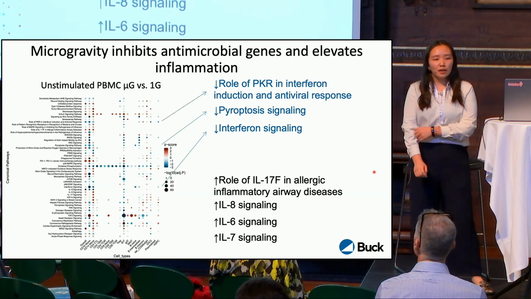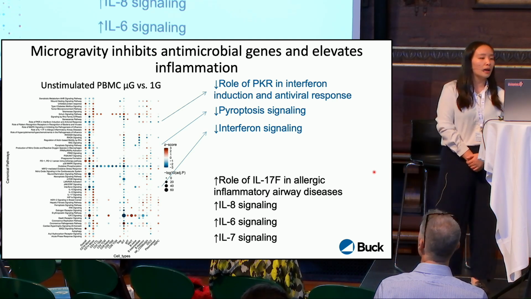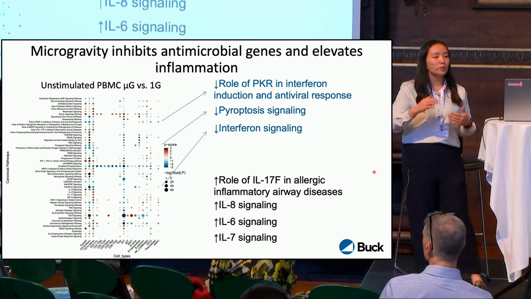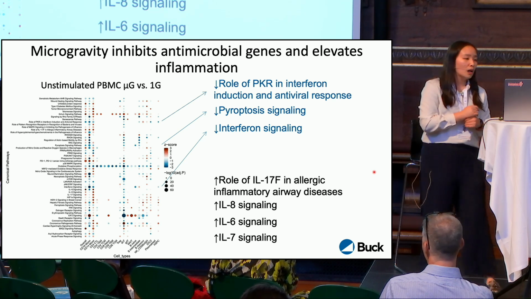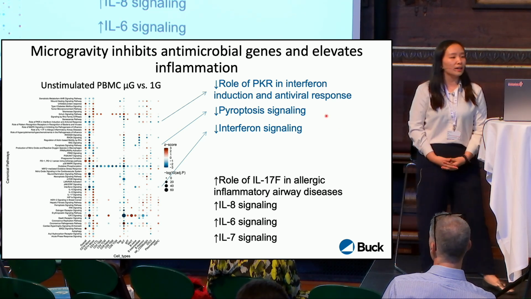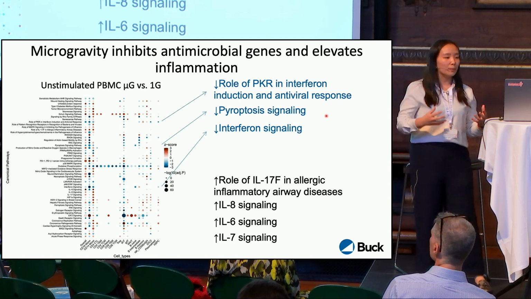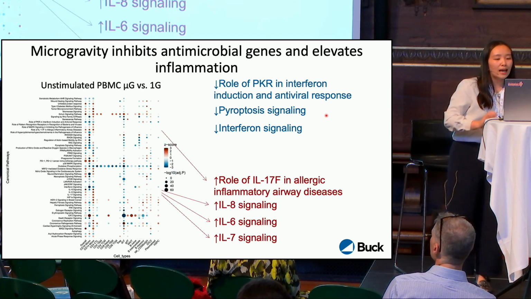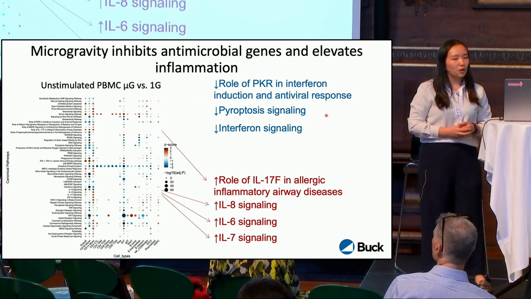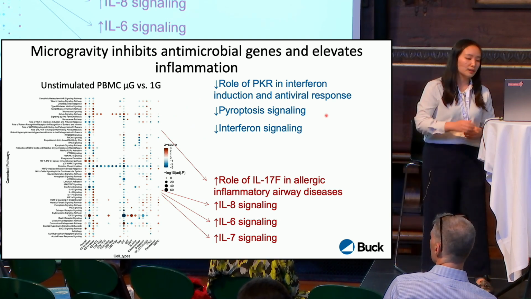The first thing we did is single-cell RNA sequencing, and we found a bunch of genes and performed pathway enrichment on them. And we found that a group of genes involved in antimicrobial pathways, like apoptosis and interferon, are being downregulated. At the same time, genes involved in pro-inflammatory interleukin signaling are being upregulated.